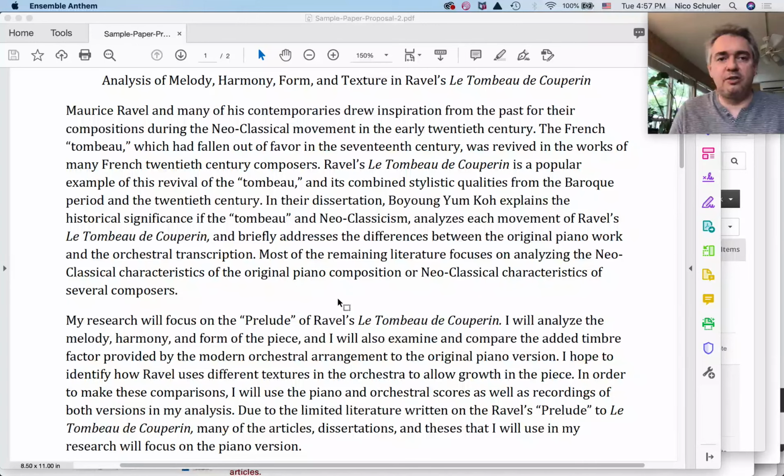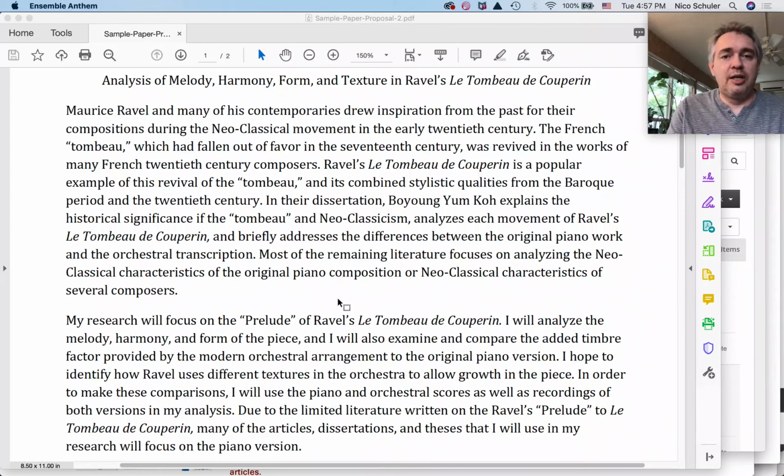Now if we then expand and revise the proposal, we should also include an anticipated table of contents with chapter titles. And if the final paper is short enough that it doesn't really need chapter titles, or at least not numbering, then you can leave those out later. But for now, it might be good to number: here the introduction, and here Chapter 1, background information about Ravel and his time.